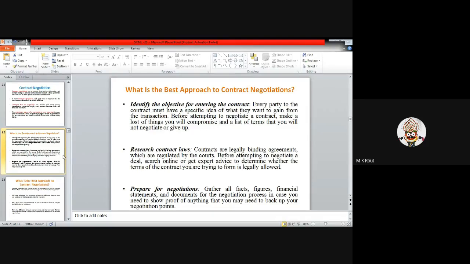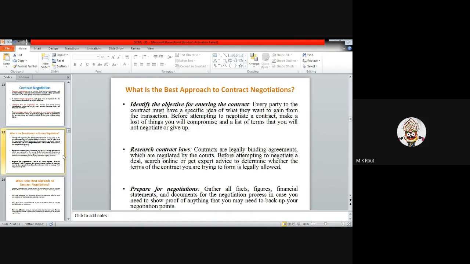In that regard, Varun Beverages is packaging all beverages of PepsiCo inside India. That is legally binding, or you can say it is a legally binding agreement, which is regulated by the court as far as these contract negotiations are concerned.